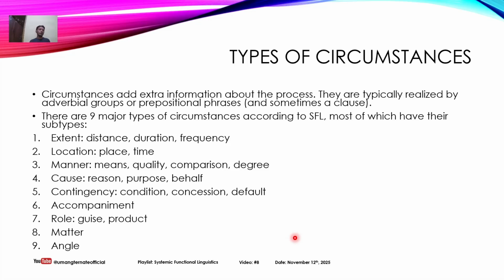In systemic functional linguistics, there are 9 major types of circumstances, and most of them have their subtypes. So we can see the list here: the circumstance of extent, location, manner, cause, contingency, accompaniment, role, matter, and angle. Now we look at each of them.